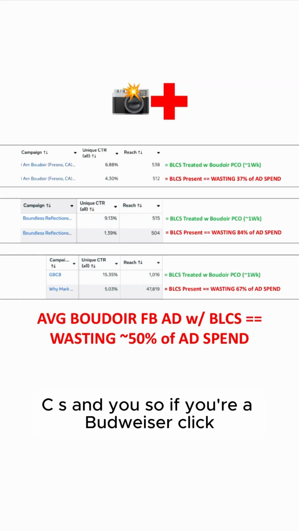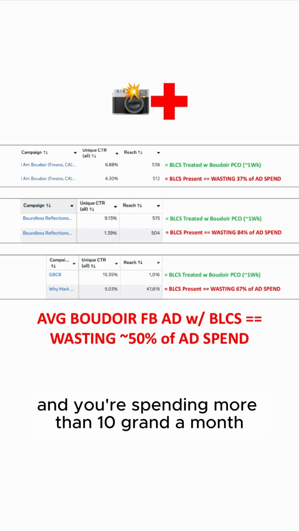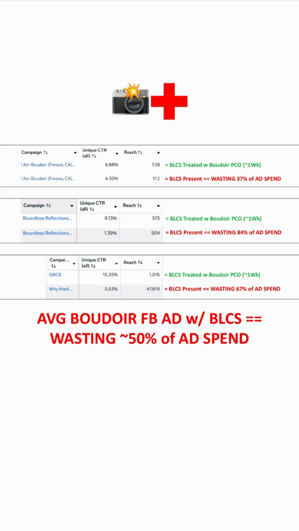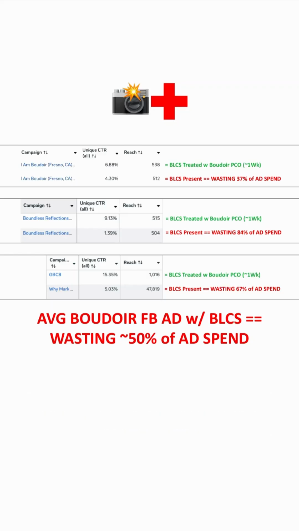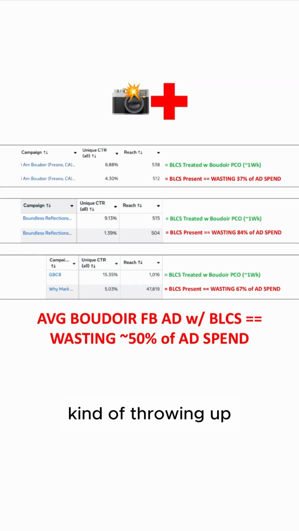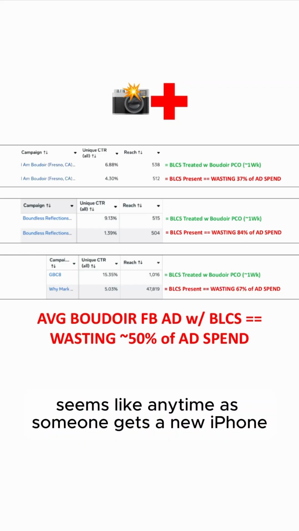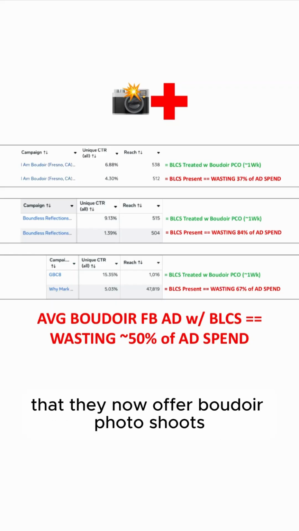So if you're a Boudoir low click advertiser with Boudoir low click syndrome, and you're spending more than 10 grand a month on Boudoir Facebook ads, and you're looking at the marketplace seeing that more and more women are entering the marketplace as boudoir photographers every day, it seems like anytime someone gets a new iPhone, they're throwing up a Google My Business profile that they now offer boudoir photo shoots.